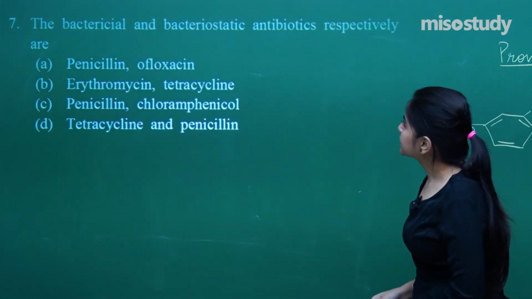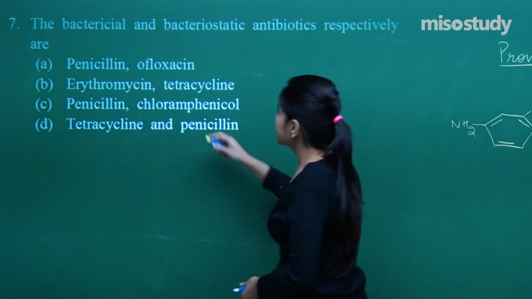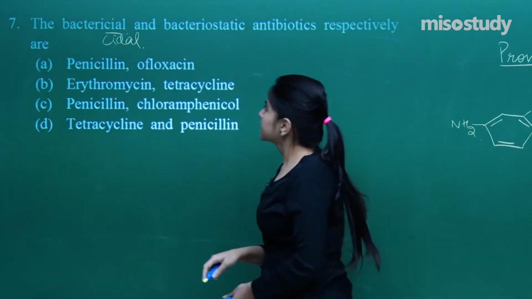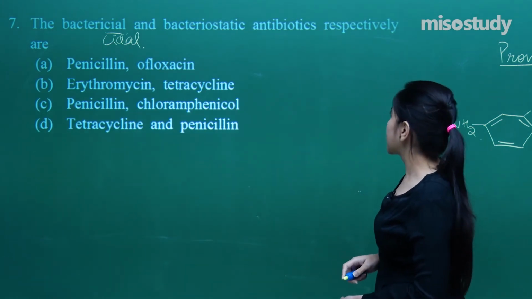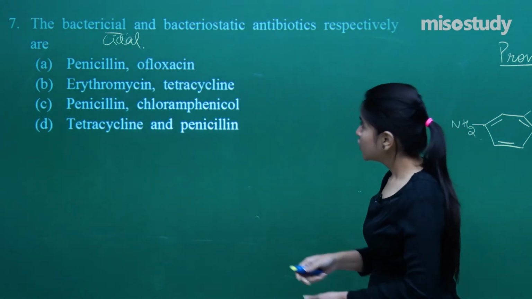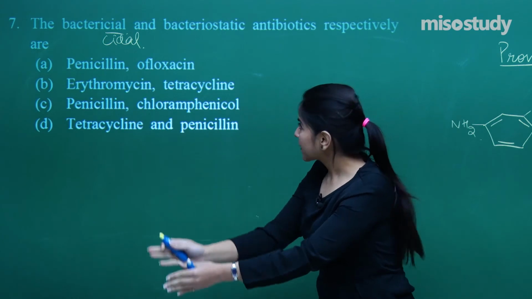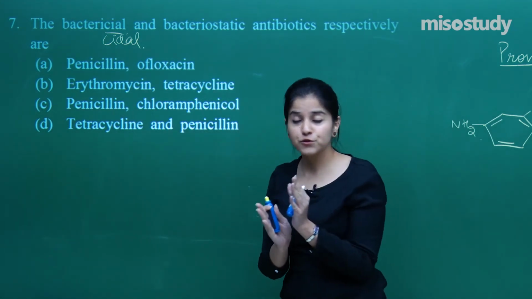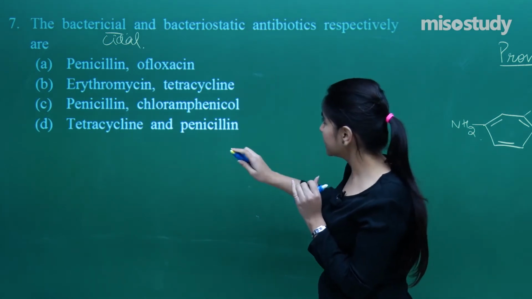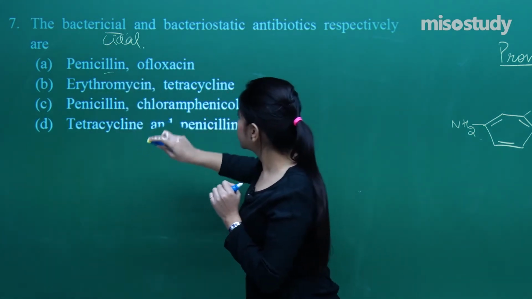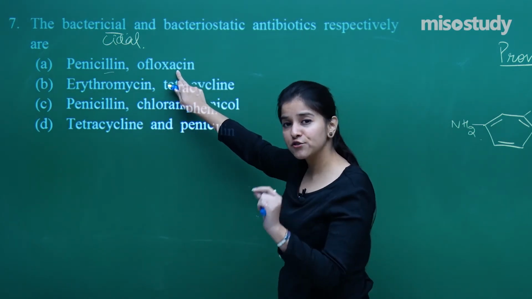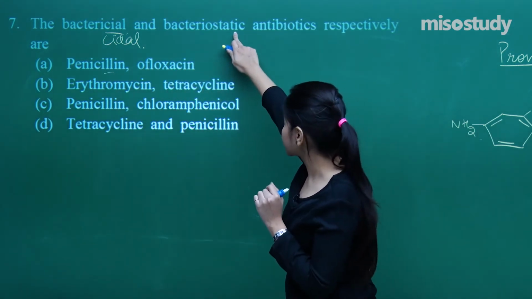The bactericidal, okay, it's cidal, just correct it, bactericidal and bacteriostatic antibiotics respectively are. So I need the first option as bactericidal, the second one as bacteriostatic. So just be very careful while choosing the options. Bactericidal, it is penicillin, but if you look at this, ofloxacin is again bactericidal. I need to have bacteriostatic.